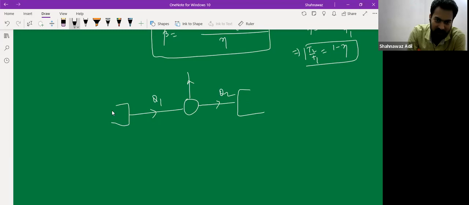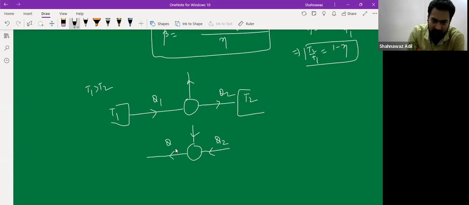Okay, so this is T1 temperature, this is T2 temperature, and your T1 is greater than T2. For the case of refrigerator, you take some heat from this, and then you do this work. Okay, so this is T1 and this is T2.